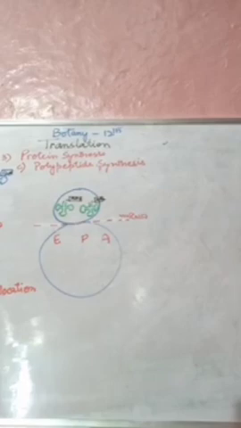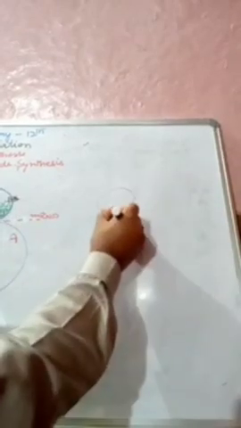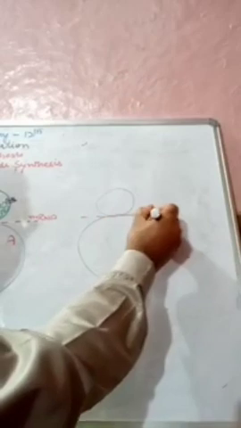This is the ribosome, this is the smaller subunit, and this is the bigger subunit. This is the mRNA on which it is moving. This is sliding, rather.